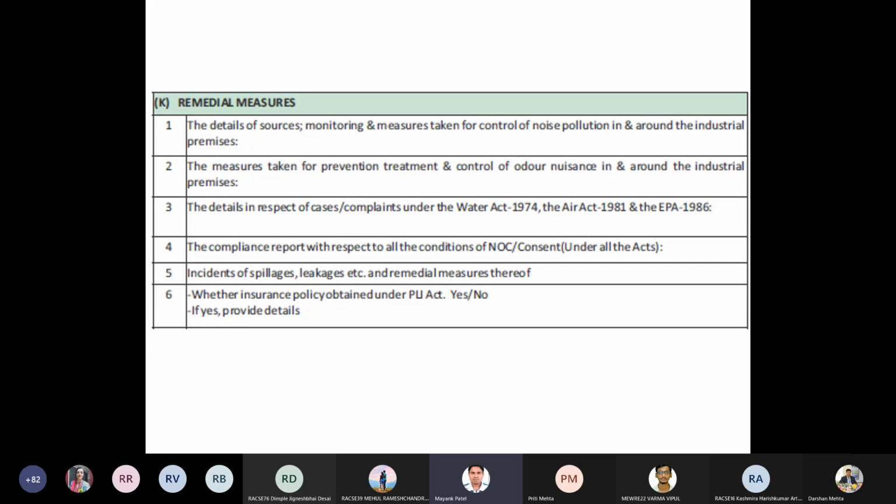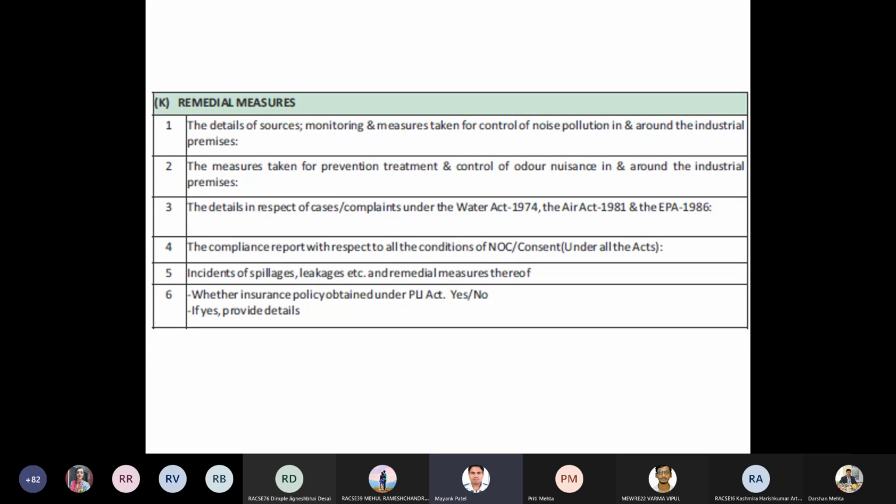That curbs the odorous compound smell or that emits fragrance, so that the odor nuisance in and around the industrial premise can be avoided. Then the complaints under the Water Act, Air Act and the EP Act is covered under the remedial measure of section 3.